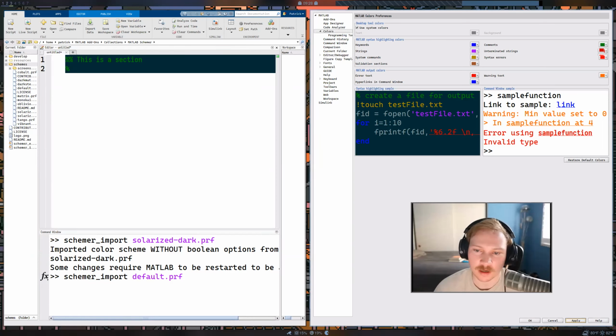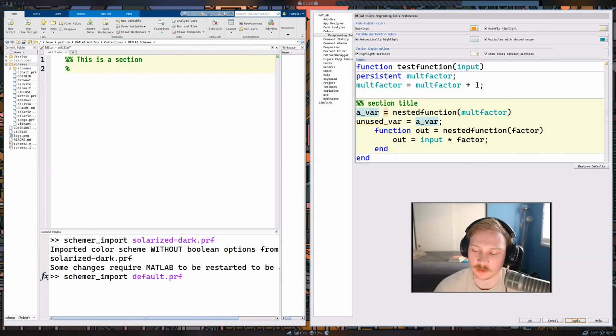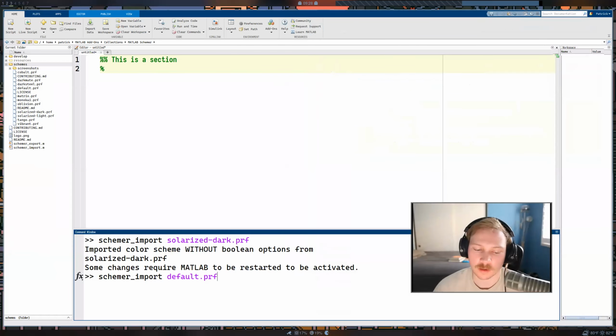To change that, you go to Programming Tools, Restore Defaults, and then Apply. Or again, you can just type in this command, and it'll make both of those changes automatically. So that's how you do dark mode in MATLAB. Especially if you're working at night, the default setting is just terrible. It's going to blind you.